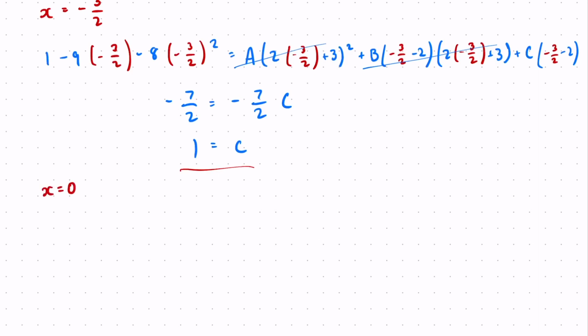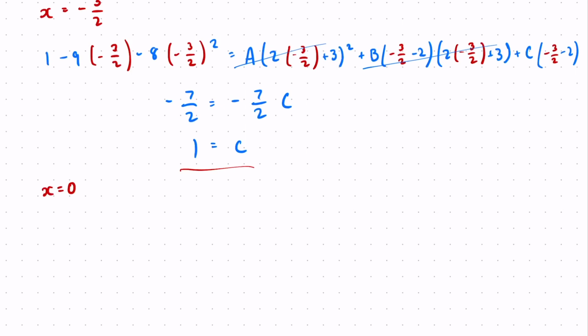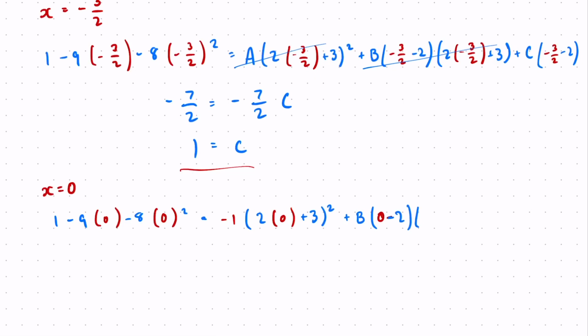So we're going to substitute x is equal to 0 in there, as well as A is equal to minus 1 and C is equal to positive 1, which is going to give me 1 minus 9 lots of 0 minus 8 lots of 0 squared, which is equal to, well, A is negative 1, so minus 1 lots of 2 lots of 0 plus 3 squared, then plus B, don't know B yet, lots of 0 minus 2, 2 lots of 0 plus 3, plus my C, which is positive 1.